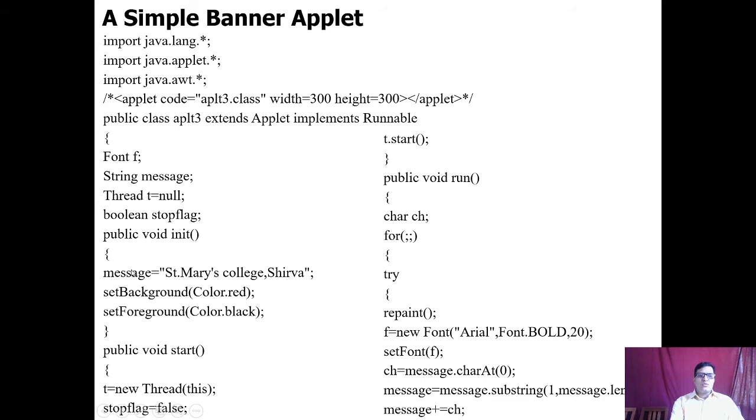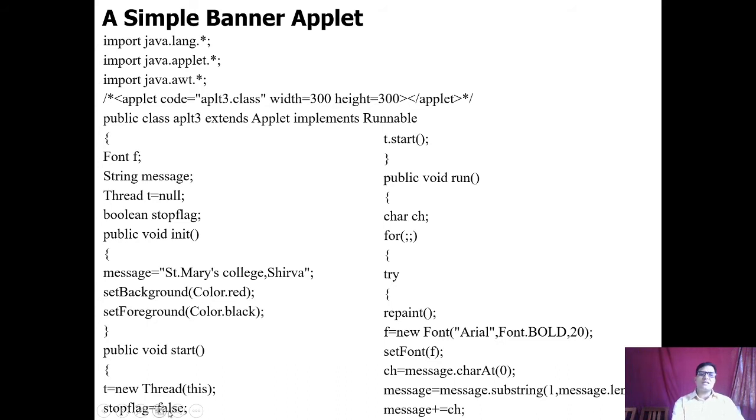So we have initialized this and now we are starting your thread. Public void start, the applet will be started. Now you have taken t, you have not created it, you are referring it as null. Now you are creating the thread object, t equals new Thread(this). So you are creating a thread for this particular class. Now stop flag is assigned as false.